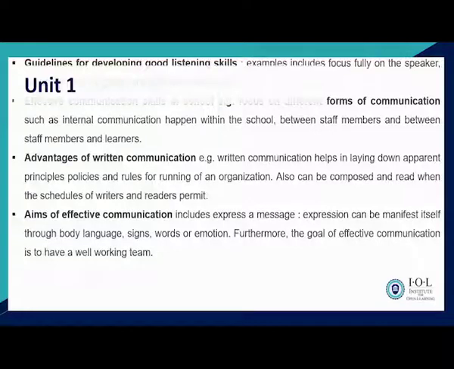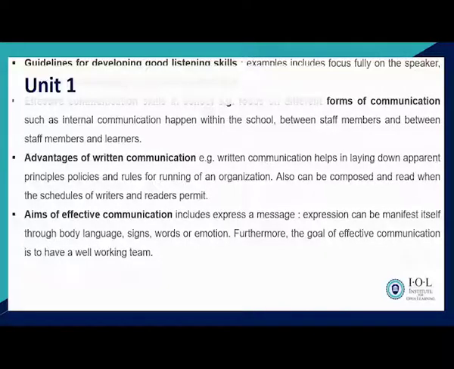You must be able to know who your audience is, and you must make sure that there's clear internal communication within the school, between staff and between learners and all the people involved within the school.